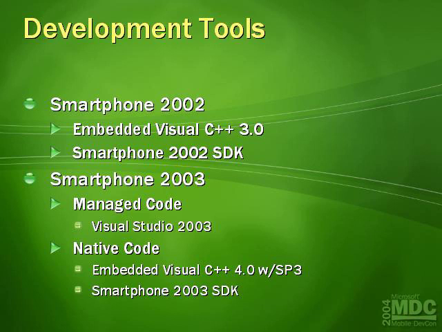Now, the tool sets include tools that you can use to manipulate the device remotely. Some interesting things that are there are a remote process viewer, a remote registry viewer, a remote file explorer. And all of the native code tools are included in the conference DVD that you should have received at this point.